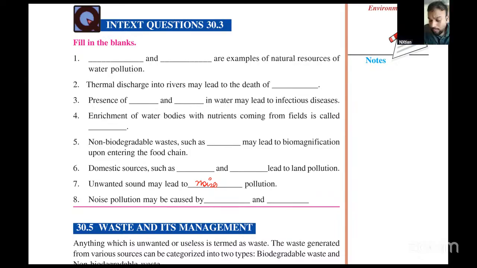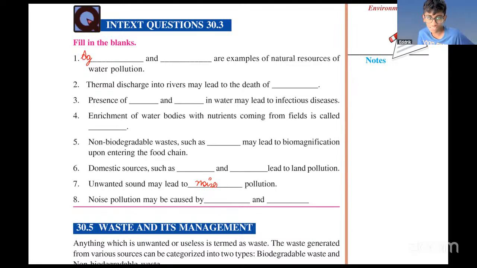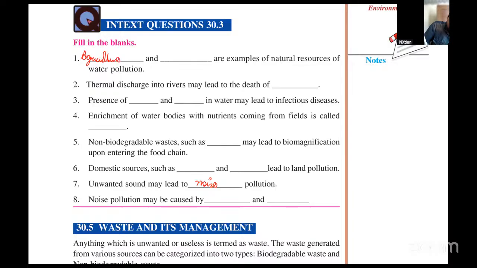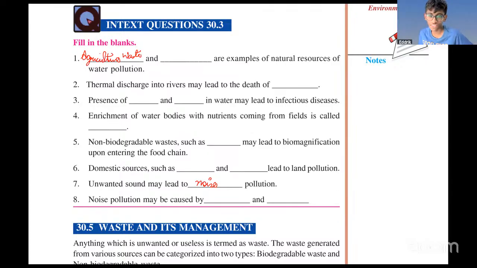Agricultural waste and fish. How does fish cause water pollution? Yes, sir, fish also. How? Tell me how.